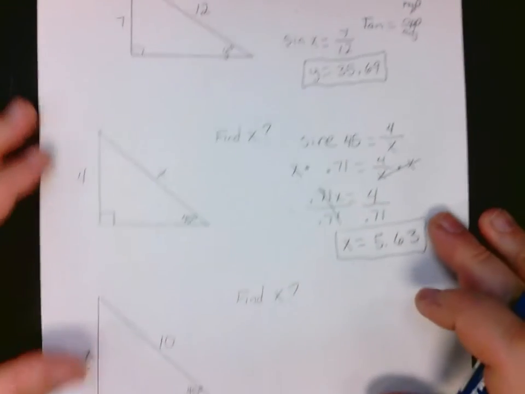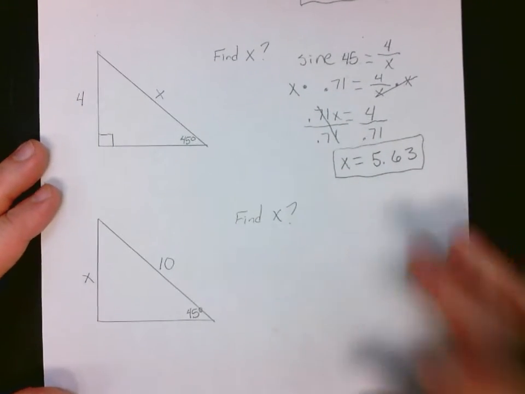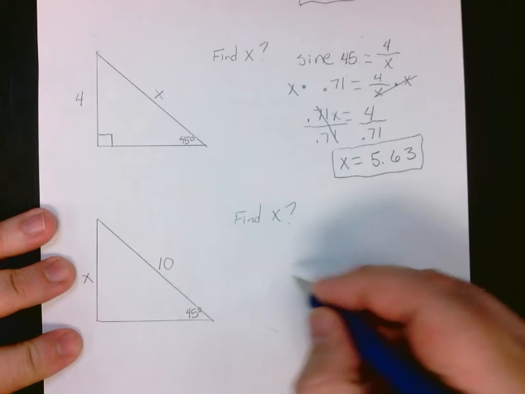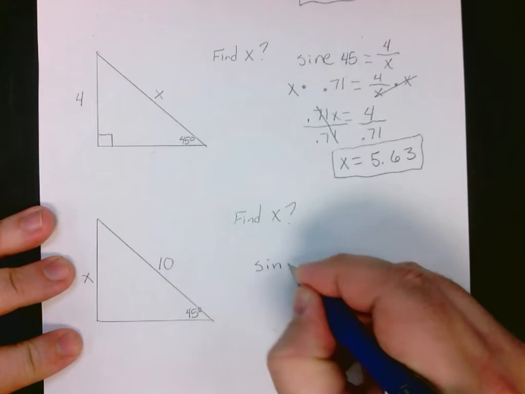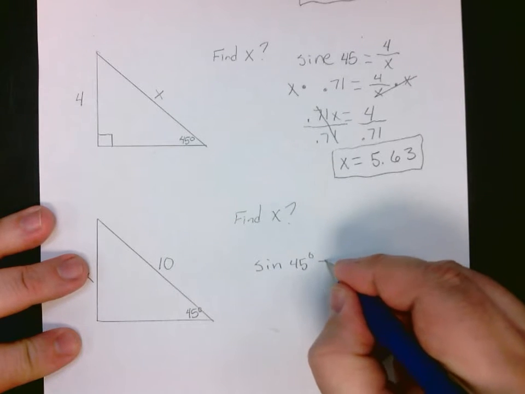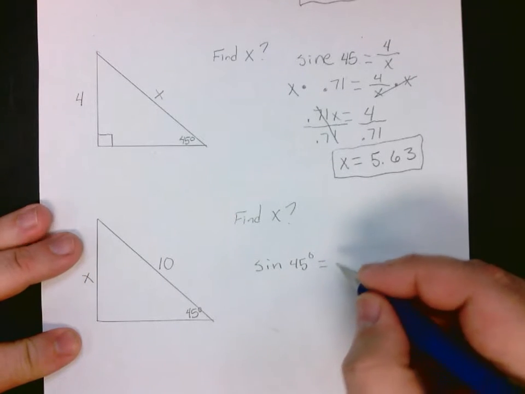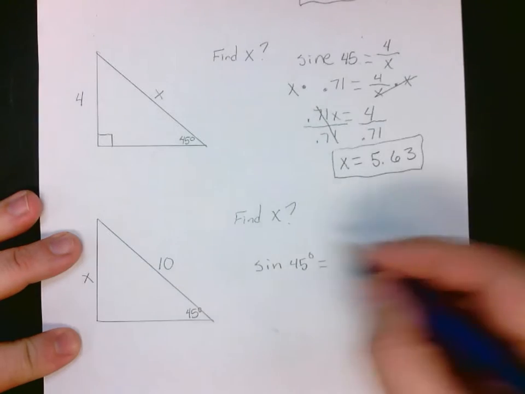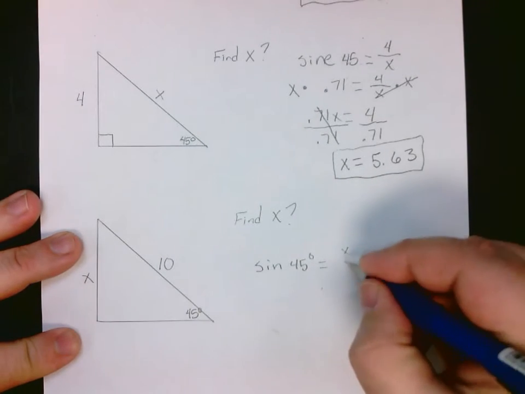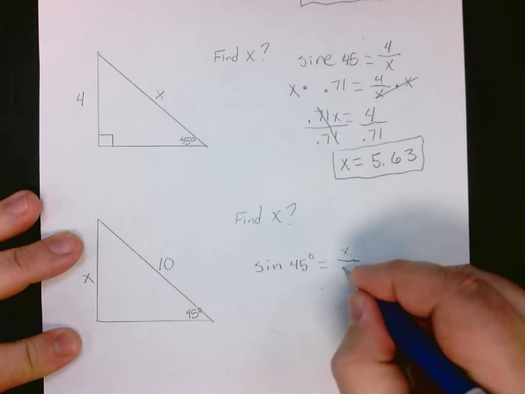For this next one, again, we're going to use opposite over hypotenuse, but I'm trying to show you the different ways of when you multiply or divide. So now we're going to use sine of 45 again, and I'd write this out every time just to give you a better idea how it works. Sine of 45 equals opposite, which is x, over 10.